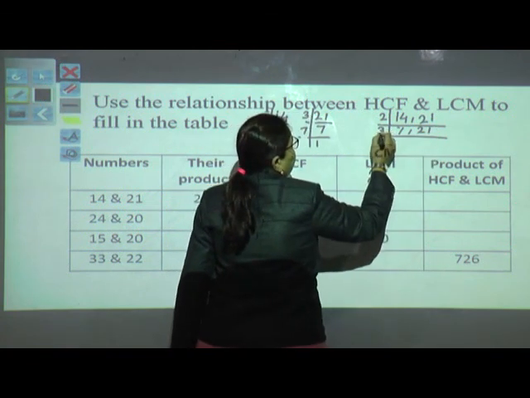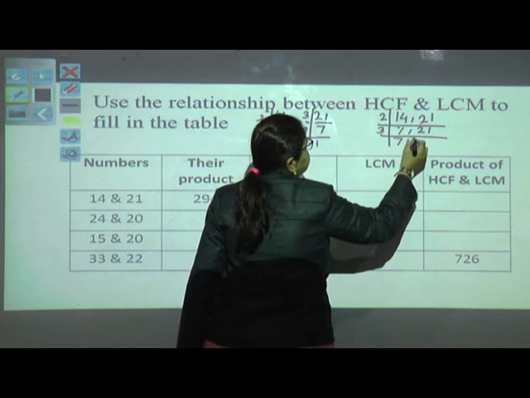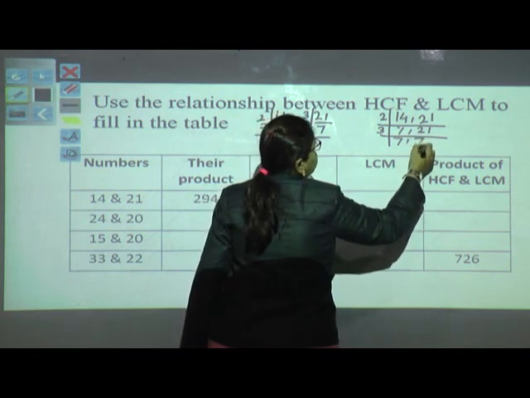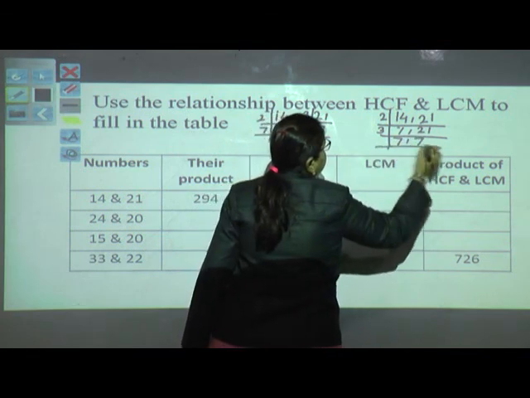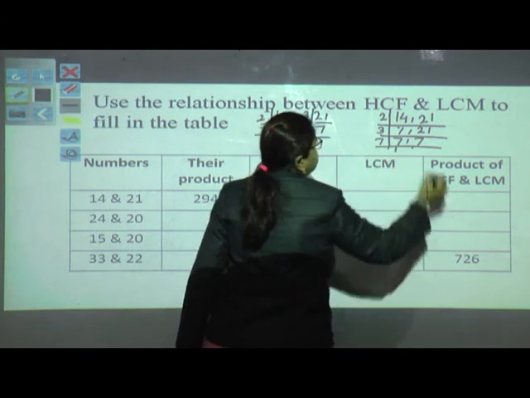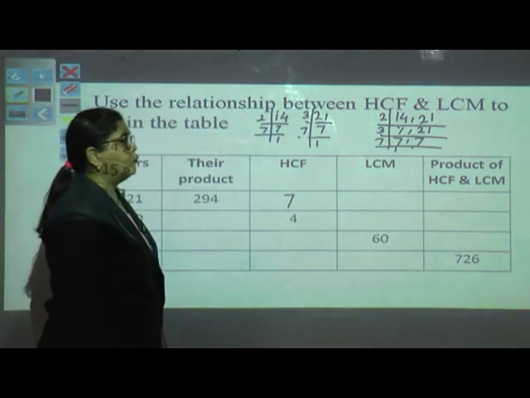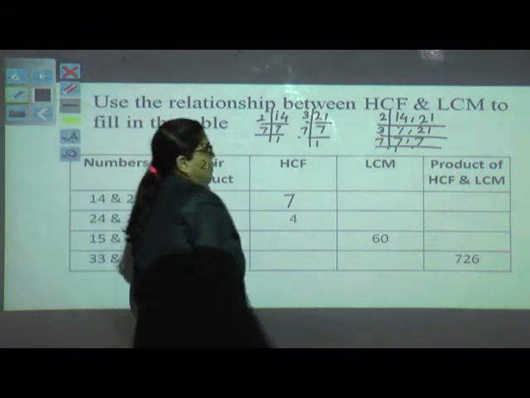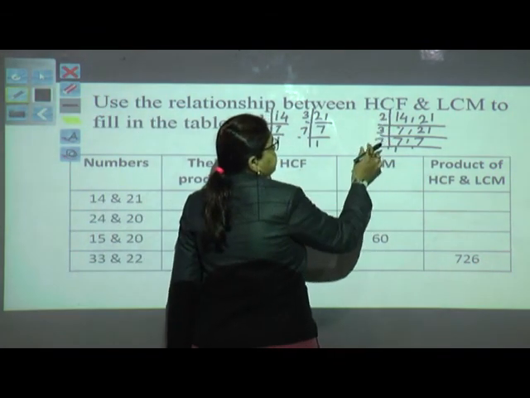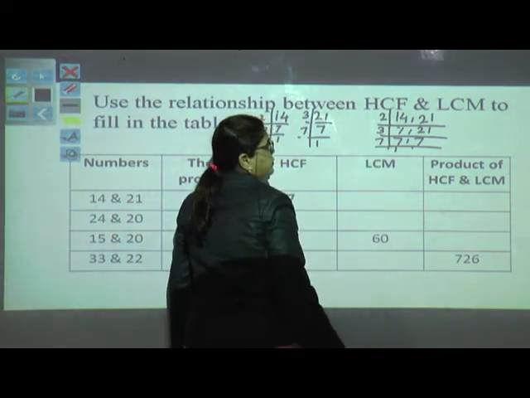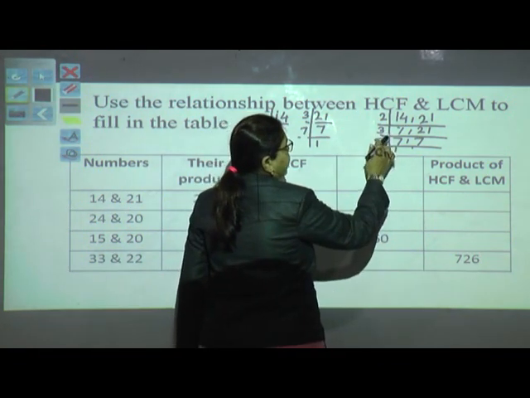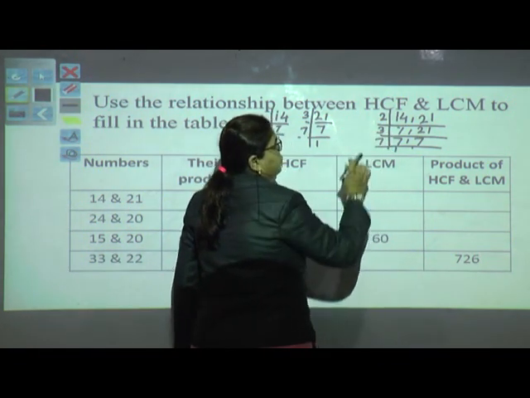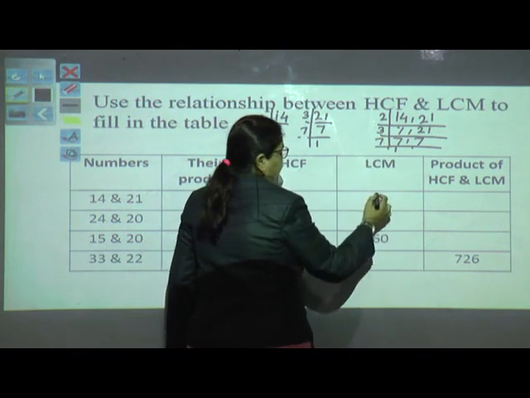We will go for 3, write 7 as it is, 3 7s are 21. Here 7 1s are 7, 7 1s are 7. What we have to do is the multiplication. You can do the multiplication in this way also: 3 2s are 6, 6 7s are 42, or you can do it this way: 7 3s are 21, 21 2s are 42.